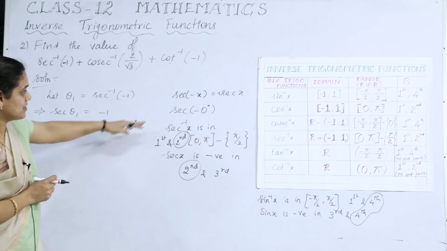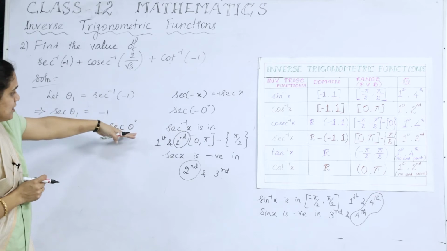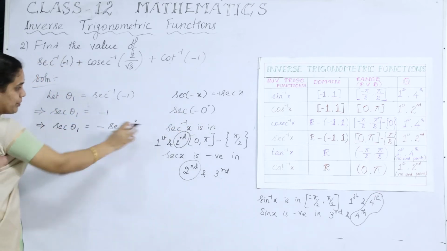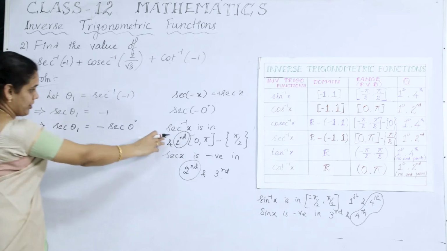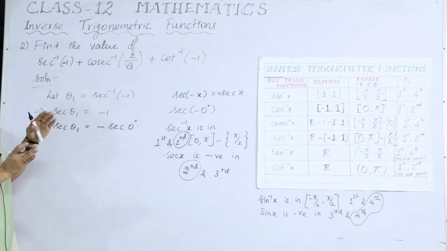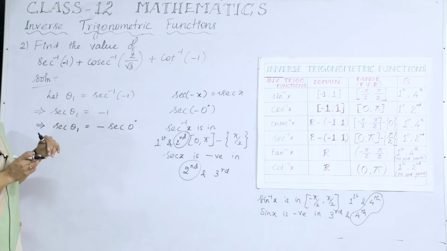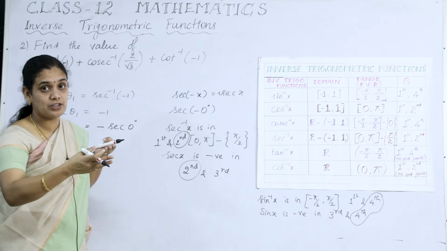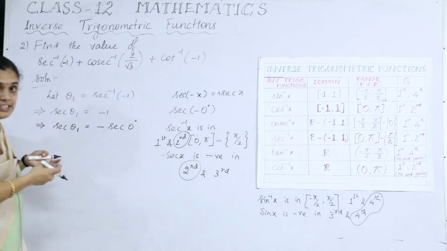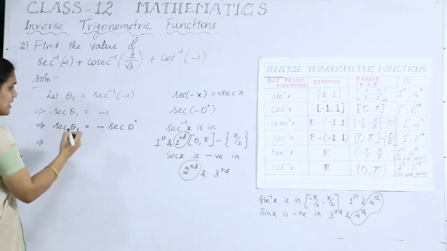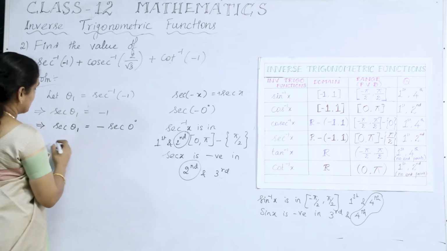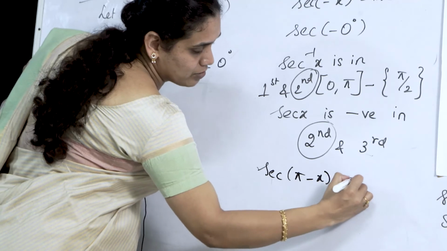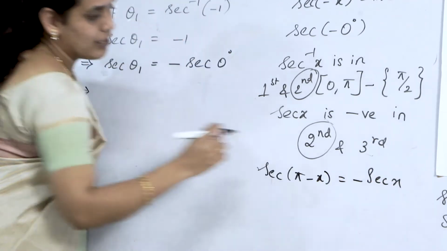And minus 0 is not in any quadrant, right? Therefore we cannot take that one. Therefore we have to bring our answer in the second quadrant. In the second quadrant already we have pi by 2 plus x and pi minus x. I already told you that pi by 2 plus x we cannot take because it always transfers the function into some other function. The only option is pi minus x. So secant pi minus x is minus secant x, right? So we can take this one.